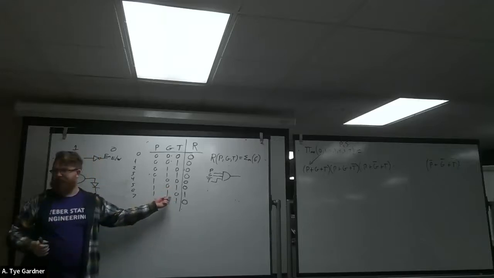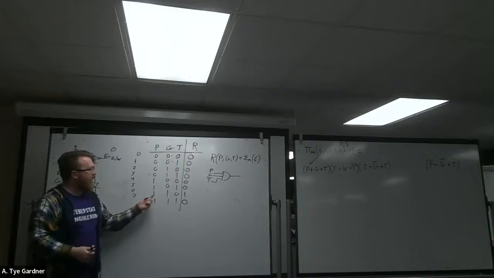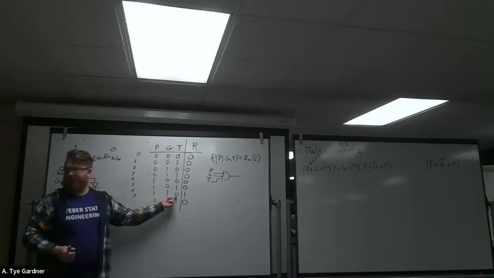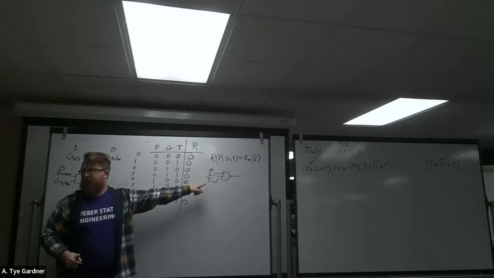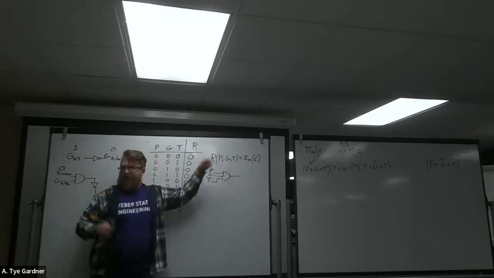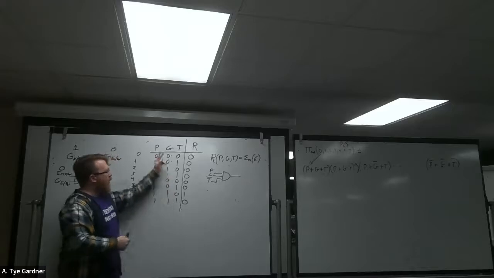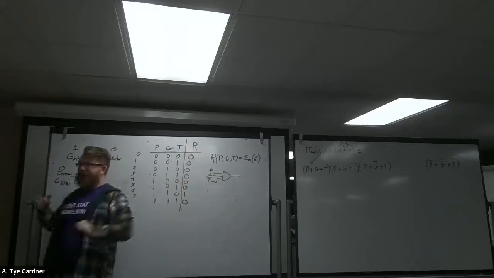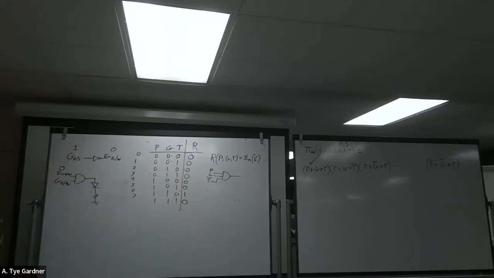Because it's still 1, 1, 0. Right. But if I change G and T, then I'm looking for 1, 0, 1. Would that change the answer at the end? No, you'd end up with the exact same circuit. Okay. So as long as you keep this and that straight, everything's fine. Okay. If you change this and don't change that, then we've made a mistake.